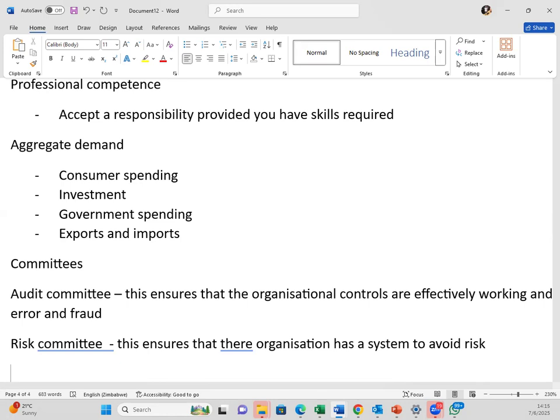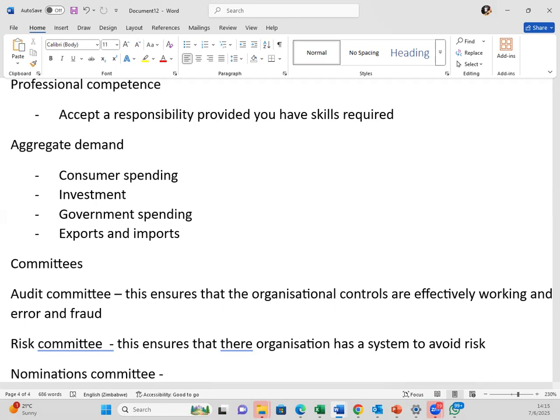Besides the risk committee, we have the nominations committee. So this helps, especially if you are deciding on the members of the board and the senior positions, who qualifies to be part of the board.